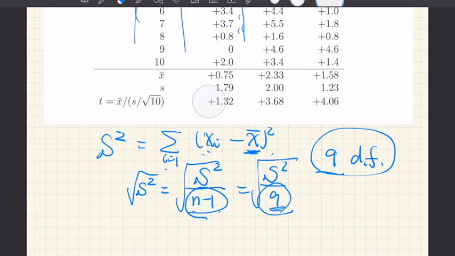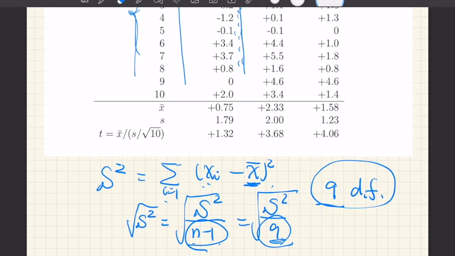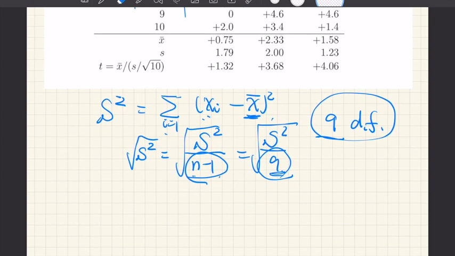So this drug, hyoscyamine, is not significantly improving the sleep of the patients, based on 5% significance level.